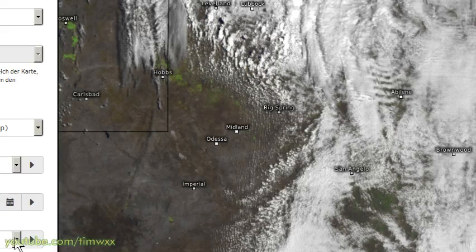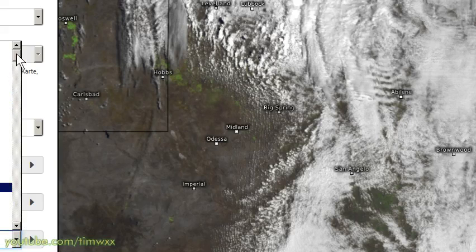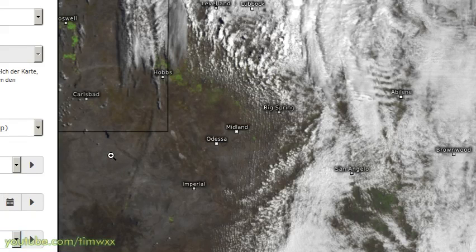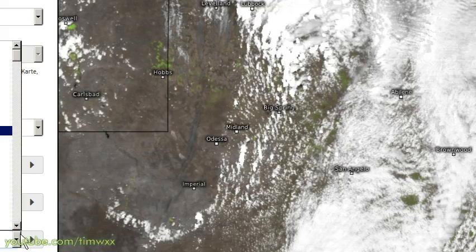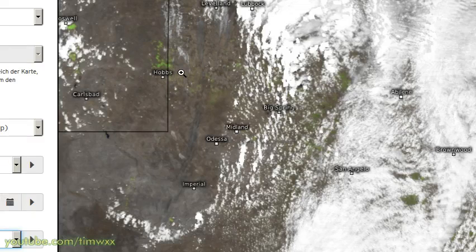And I think that was probably where we were seeing initiation a couple of hours ago. Yeah, there's our initiation right there. So that's going to be about 2 hours ago.